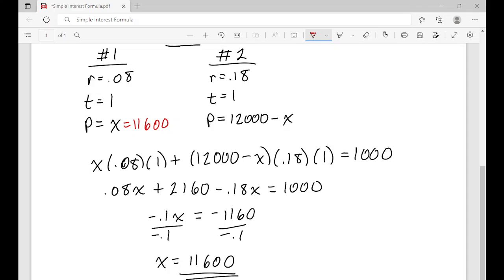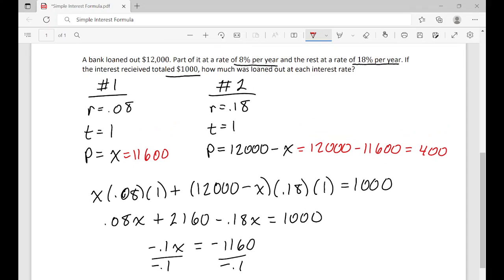And then for the second account, it is 12,000 minus 11,600, which is going to be just an easy little 400. So how much was loaned out at each interest rate? For the 8% interest rate, it was 11,600. And for the 18% interest rate, it was only $400.